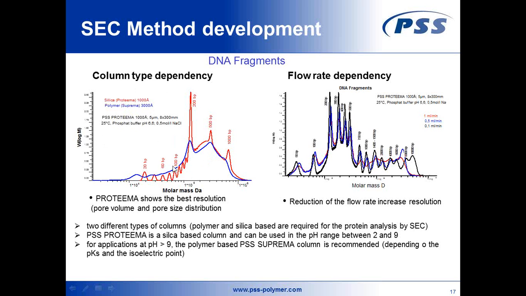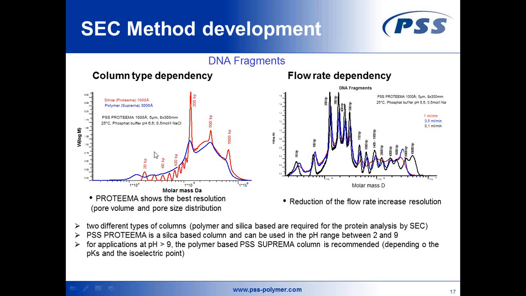What we have measured here were base pair DNA fragments, high molar mass DNA fragments, first measured under the same conditions on a polymer-based material, which is the blue one, and then on a silica-based material, and the results for the silica-based material are given here as the red allogram.